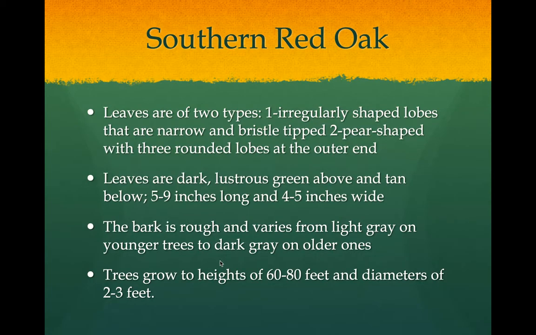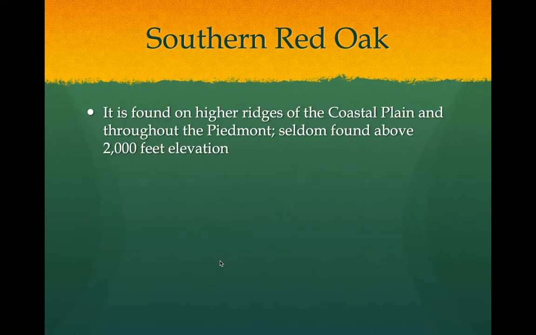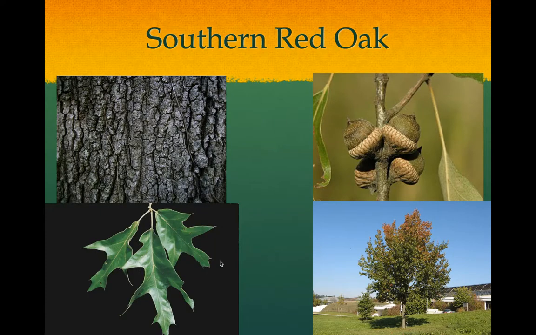Southern red oak, very popular tree in North Carolina, very popular landscape tree, very popular naturally occurring tree. There are lots of these throughout the coastal plain and Piedmont. Not so much when you get into the upper mountains, but you will see these in this area. There are several different types of oaks that have a similar look.